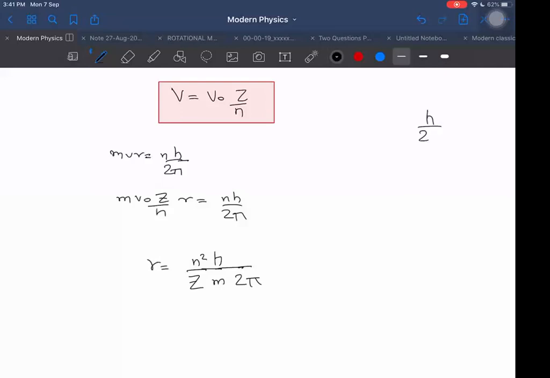Sometimes we represent h by 2 pi in this way, we call it sometimes h dash, h upon 2 pi. Let me write in that way only. I will be getting n square by z into m into v naught into what I will call h bar. That is nothing but h upon 2 pi.